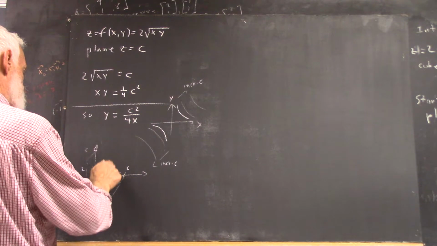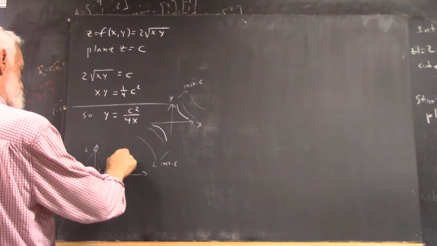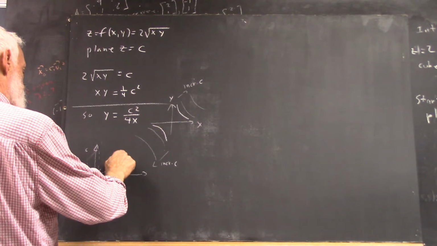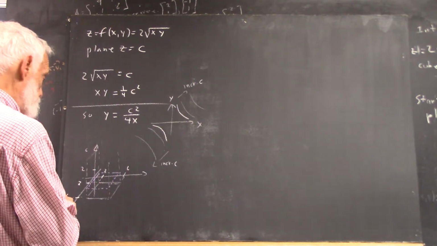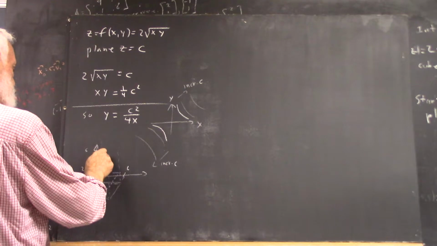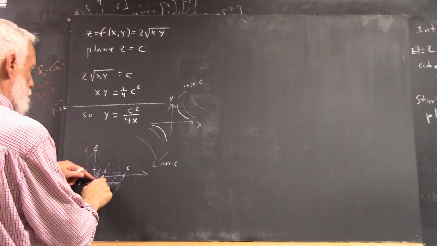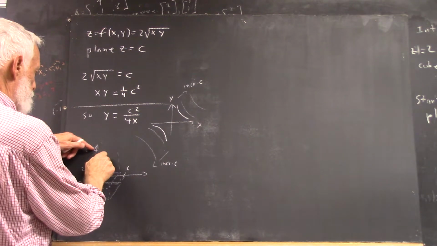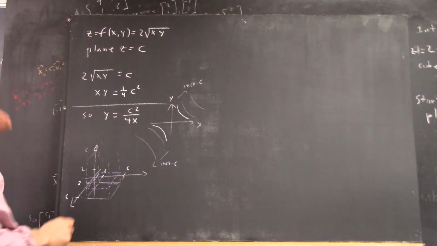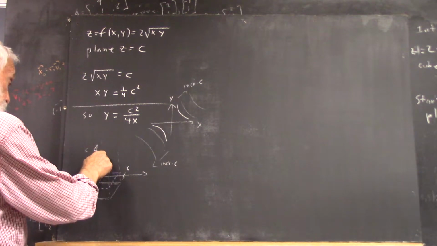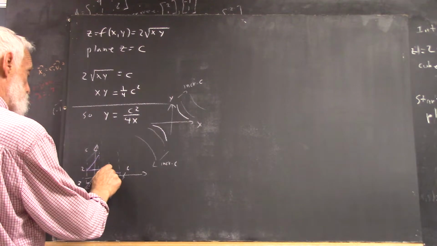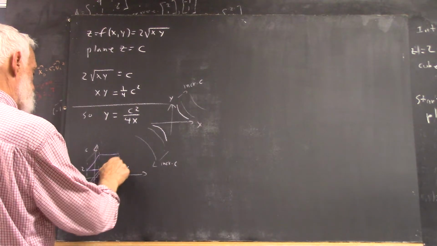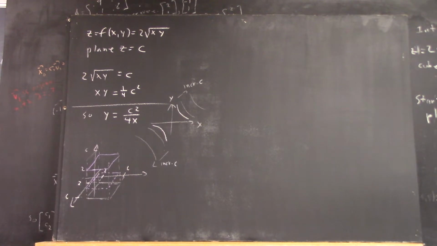But okay, so we come up to here, and it's going to look something like this. From here to here, we have to go in the same direction. So we fudge just a little bit.